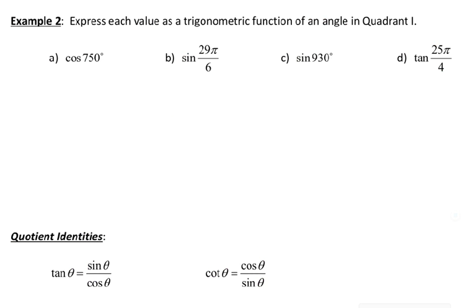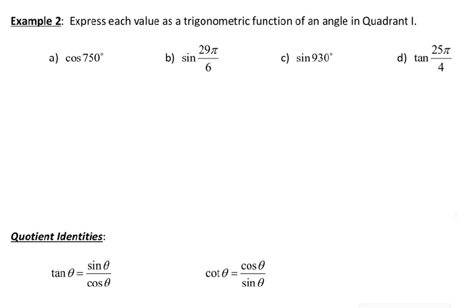In example 2, I want to express each value as a trigonometric function of an angle in quadrant 1. That means I want to rewrite cosine of 750 as the cosine of some angle that's between 0 and 90. So I'm going to start by subtracting 360 until I get something that's in quadrant 1, or until I can't get something in quadrant 1.